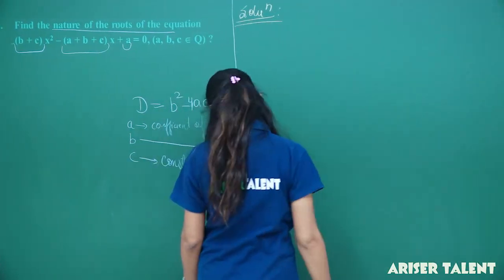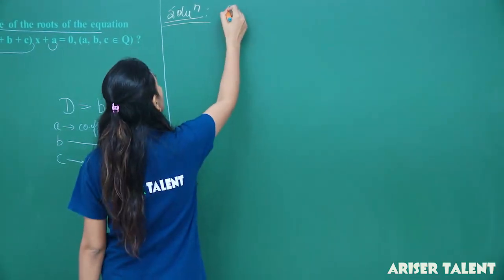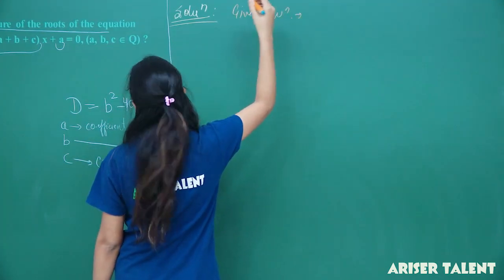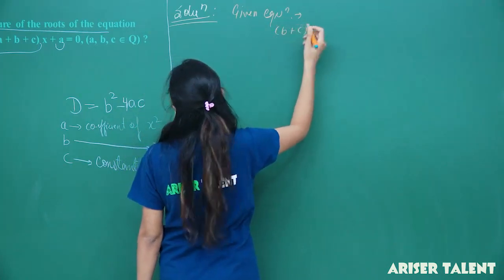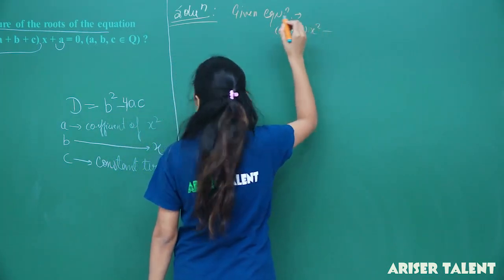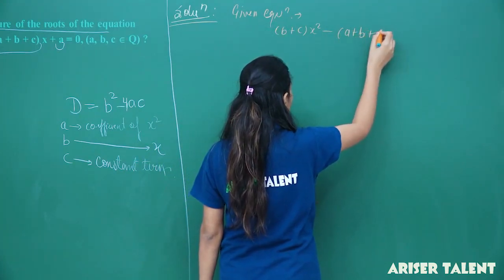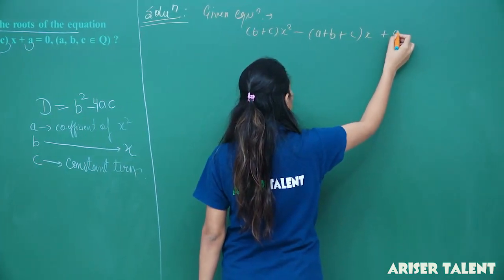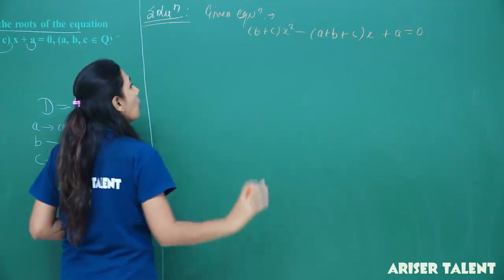Okay, solution part here, right students? If I talk about the solution, what am I having? The given equation. What is the given equation? (b plus c) multiplied by x square minus (a plus b plus c) multiplied by x plus a equals to 0. Right. Now a, b, c are all rational.